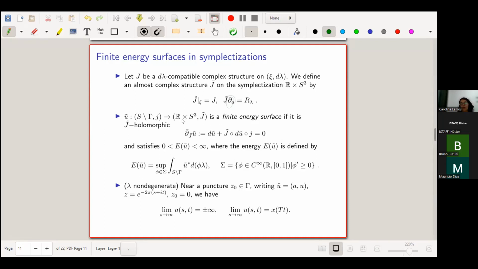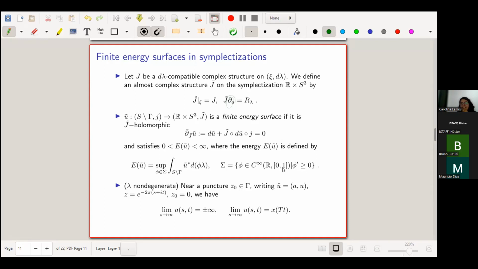Okay, so we are interested in pseudo-holomorphic curves, J-tilde holomorphic curves. We want to study maps that satisfy the generalized Cauchy-Riemann equation and also have finite energy, which is defined this way.